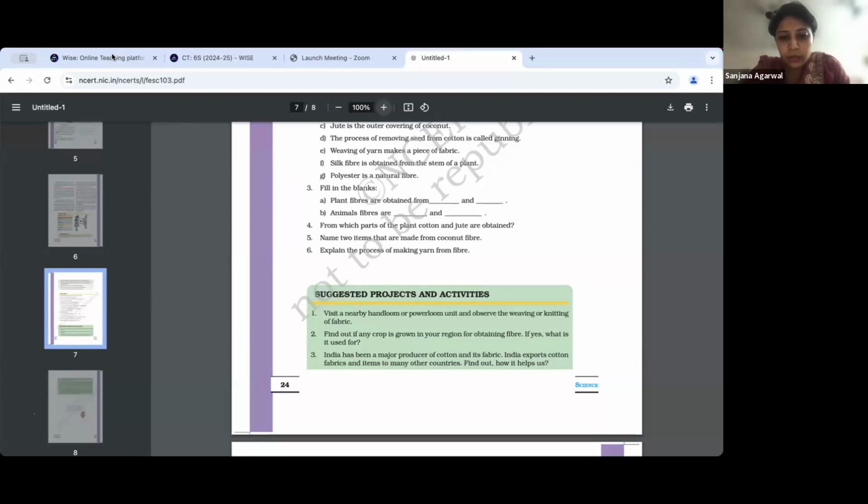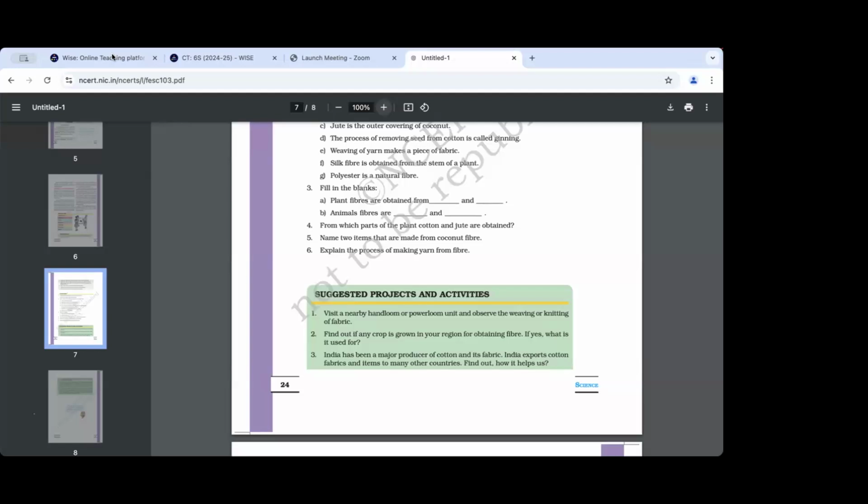Okay, now let us know few more things through definition, because the chapter is already so small. Adakshan, tell me the difference between natural and synthetic fiber with examples. Ma'am, natural fibers are which come from plants, animals. Synthetic fibers are which man made it, ma'am.